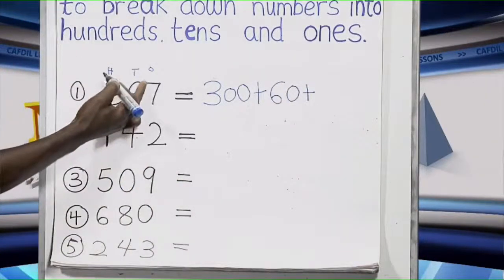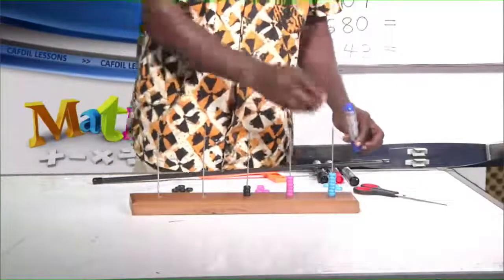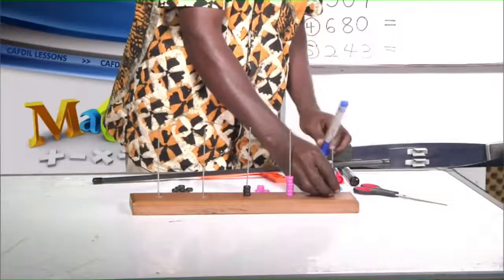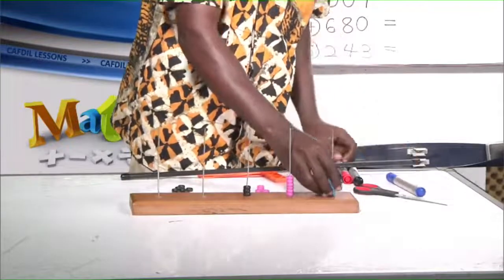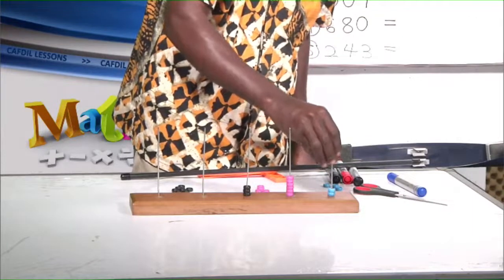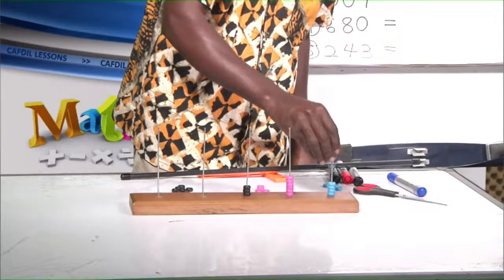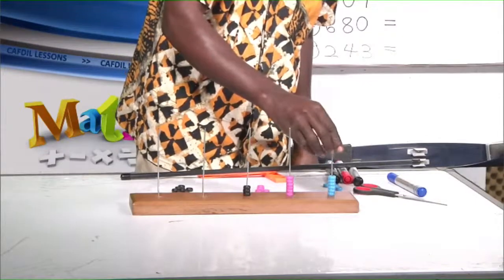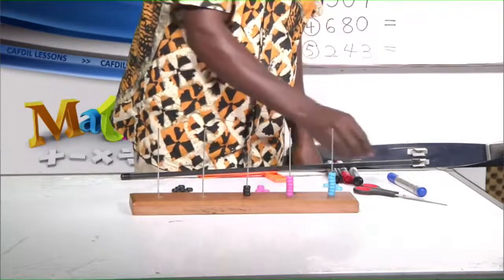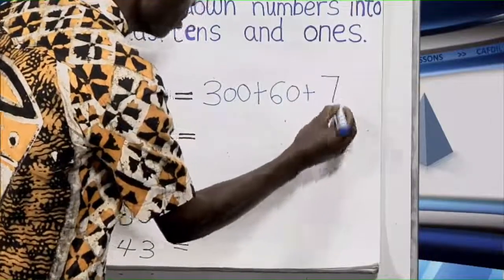Plus, now we have 7 ones. So we can actually count 7 here because each bead here is 1. So we have 1, 2, 3, 4, 5, 6, 7. So we have 7.